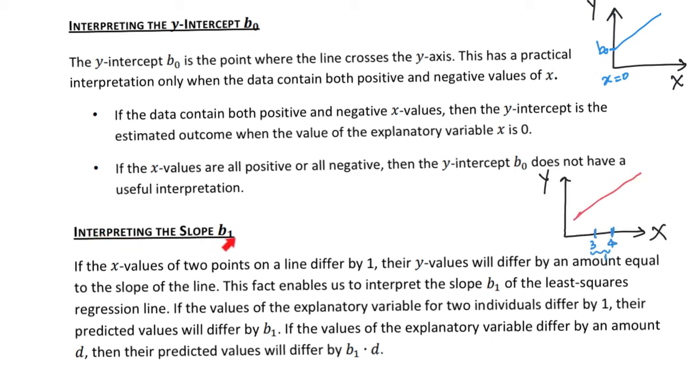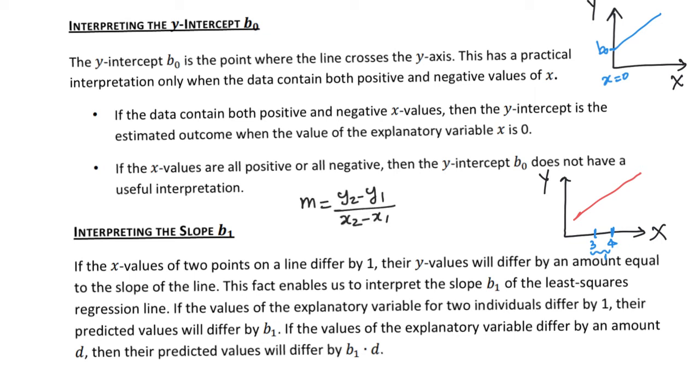Interpreting the slope b1. If two x values of 2 points on a line differ by 1, their y values will differ by an amount equal to the slope of the line. So that means if they differ by 1, I am just picking 3 and 4 for example. These 2 points on the x-axis differ by 1. Then the corresponding y values will differ by the amount equal to the slope of the line.